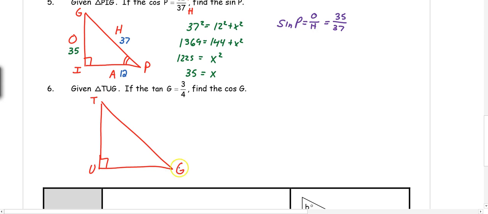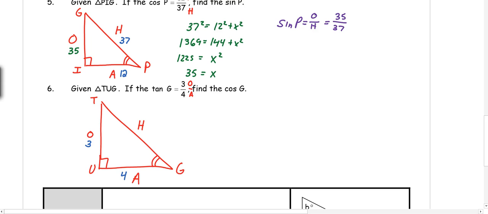So I'm going to label my sides. So across from G is the opposite, across from the right angle is the hypotenuse, and next to G is the adjacent side. So remember that tangent is your opposite over your adjacent, which means we know that our opposite side has a length of 3 and our adjacent side has a length of 4.